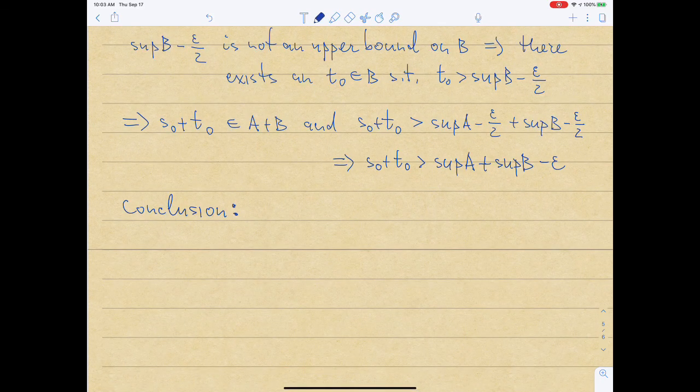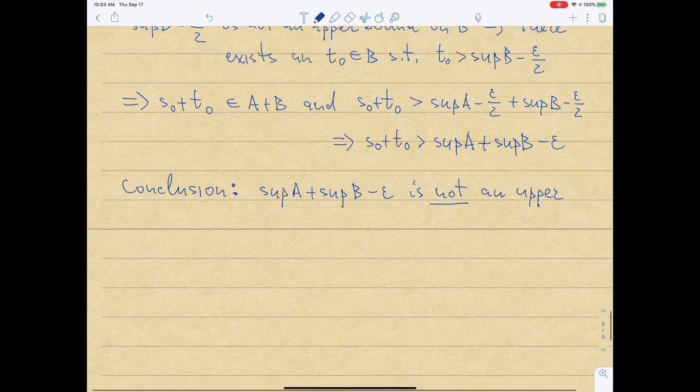So that means that supremum of A plus supremum of B minus epsilon is not an upper bound on A plus B, right?